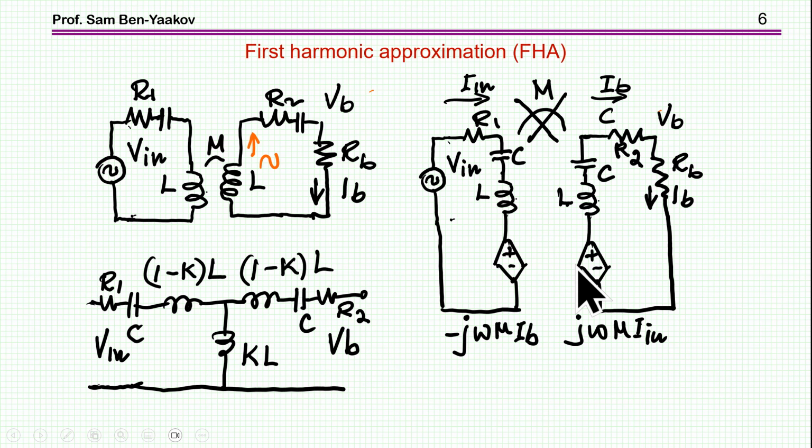And then we have another way of representing this circuit, and this is by the physics textbook of mutual inductance. Here, we're actually breaking the connection, but replacing it with dependent voltage sources. Now, this dependent voltage source depends on the current of the secondary, and this one on the current on the primary.